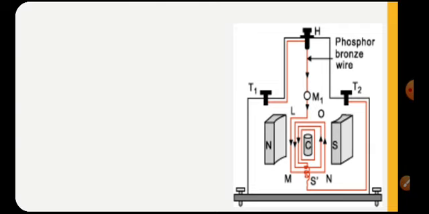This soft iron core increases the strength of the radial magnetic field due to its high permeability. The soft iron core has the highest permeability. That's why it produces a strong radial magnetic field. Right?